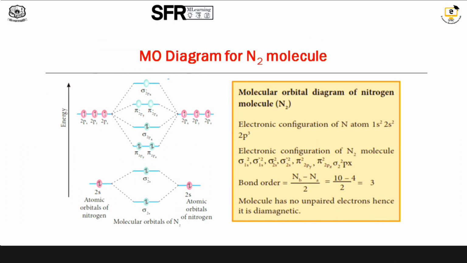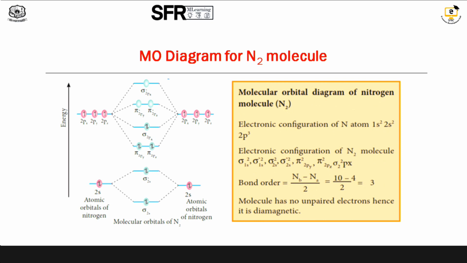Similarly, the oxygen molecule also shows the same MO diagram. The only variation is that oxygen has a 2p4 configuration, so there is one more electron in the 2p orbital of each atom, so totally 2 extra electrons are available for the oxygen molecule. These 2 electrons go to pi star 2px1 and pi star 2py1.